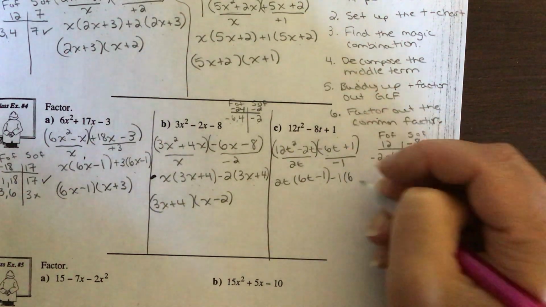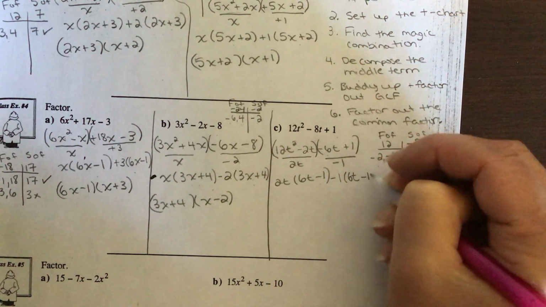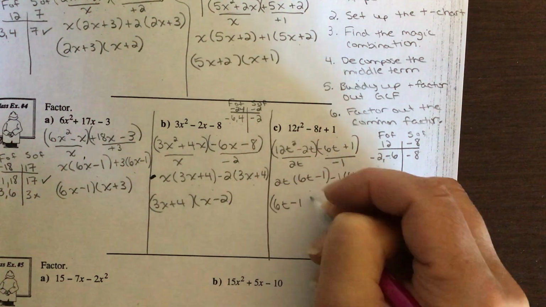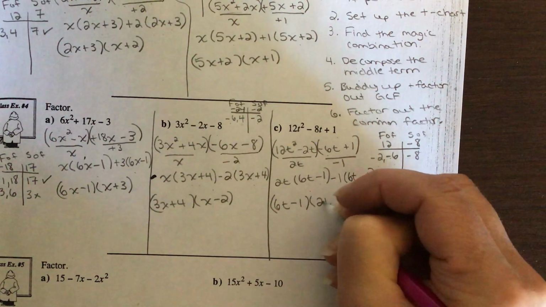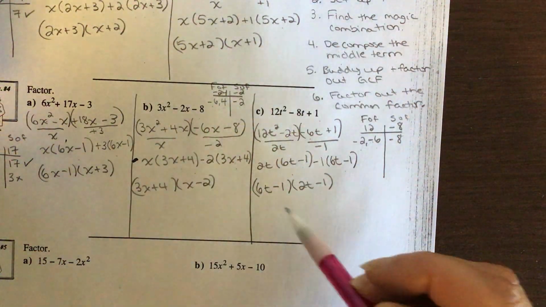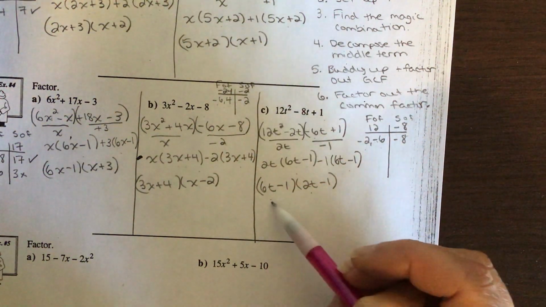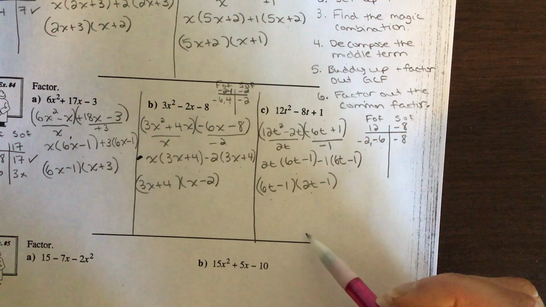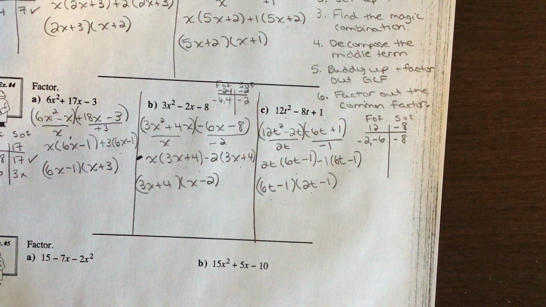So now these both change signs, so we get 6t minus 1, which is good, that's what we want. So we can factor that out because it's the same in both of them. And we're left with 2t minus 1. And then remember, you can always check that you're correct by when we expand these two, when we multiply them together or FOIL, and then combine like terms, we should get back to this.